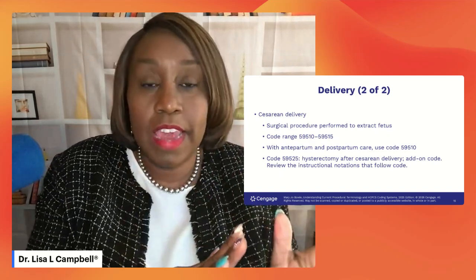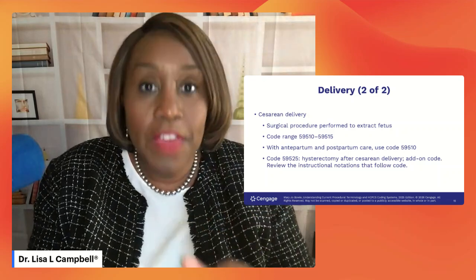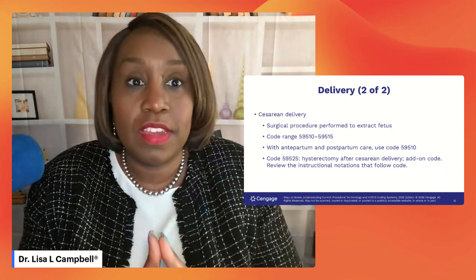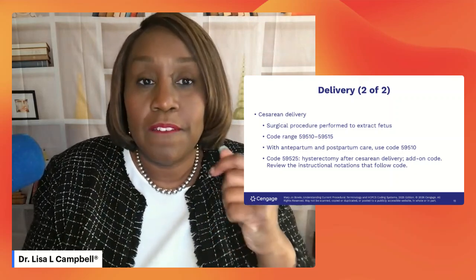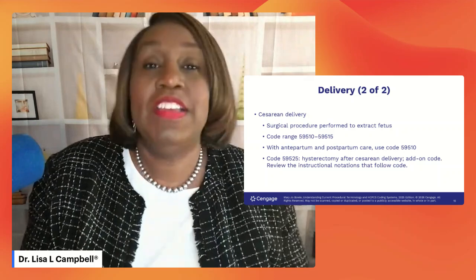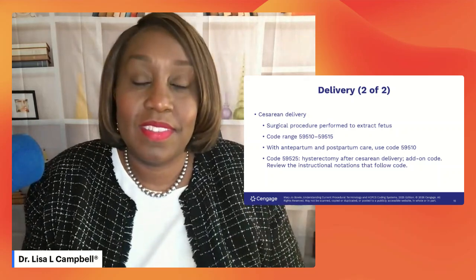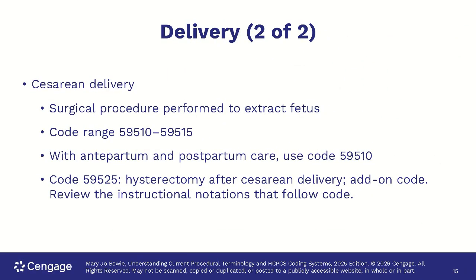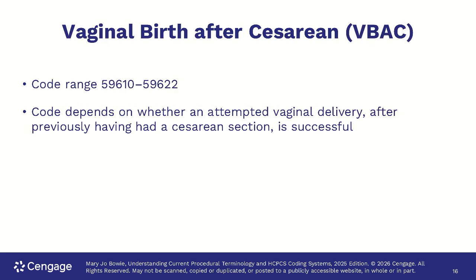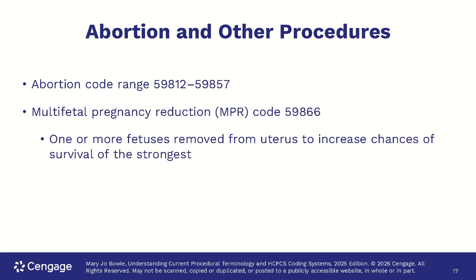So previously had a cesarean, today they deliver vaginally. Then that fourth area is we expected to be able to do vaginal. The patient previously had cesarean, but today they failed to have a vaginal birth, and now we're C-section again. I think it's really important to spend some time looking at those options because you don't want to be trying to figure this stuff out on the day of your national exam.